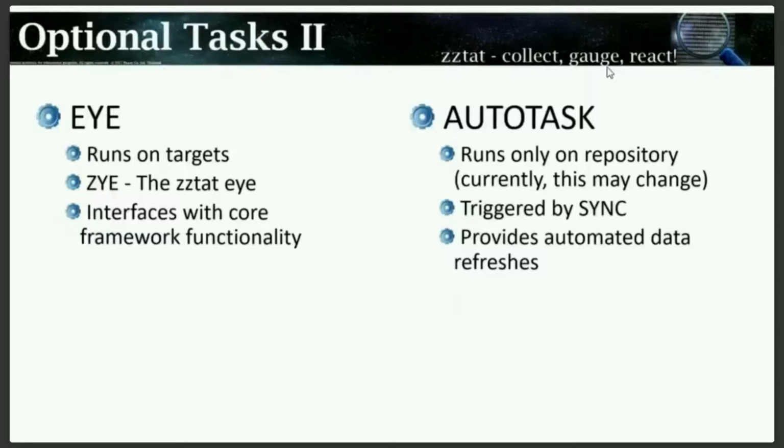Then we have the zztat. The zztat is a new feature which allows you to get data from a live Oracle database without ever connecting to that database. This is enabled through the I process, which runs on the target when requested through either the UI or an API call. And the UI here that allows you to do this comes in two forms.